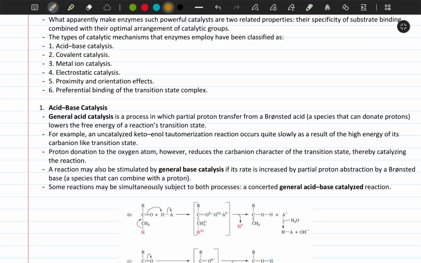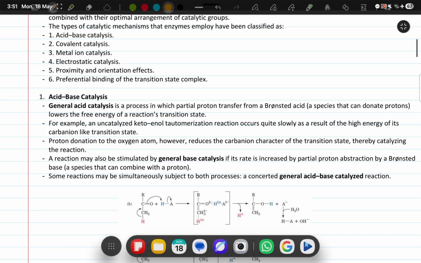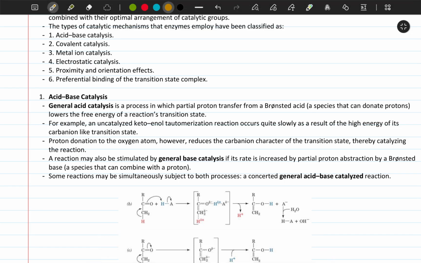The proton is transferred from the Bronsted acid. For example, an uncatalyzed keto-enol tautomerization reaction occurs quite slowly because of the high energy of its carbanion-like transition state. Proton donation to the oxygen atom, however, reduces the carbanion character in the transition state, thereby catalyzing the reaction.